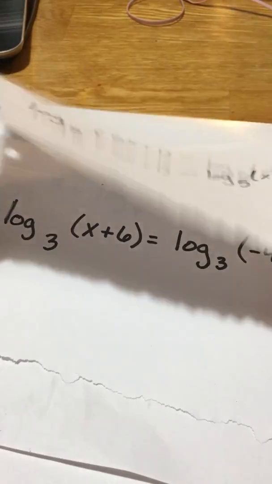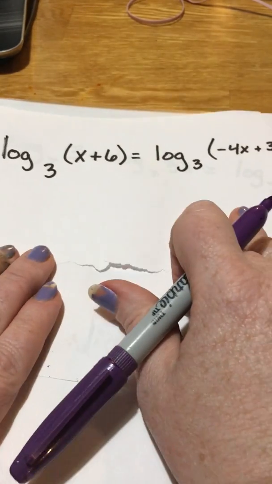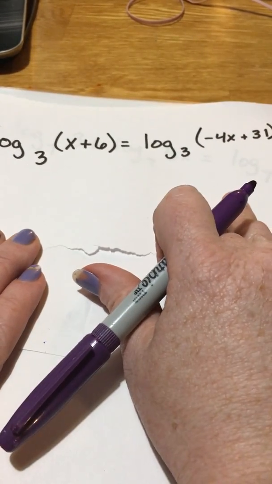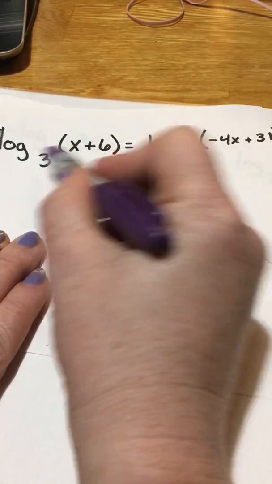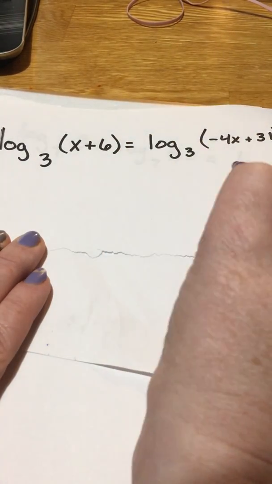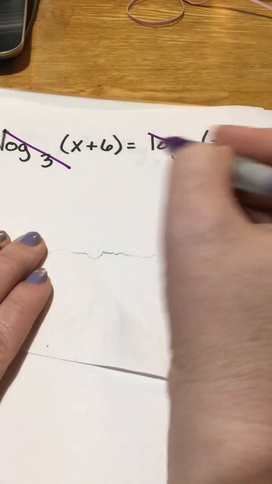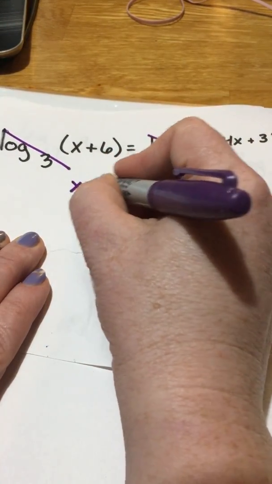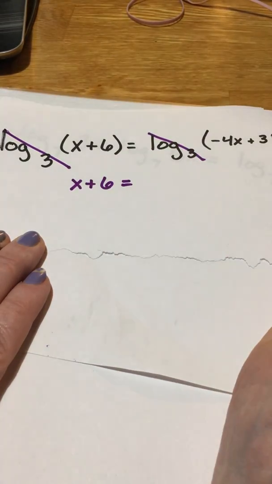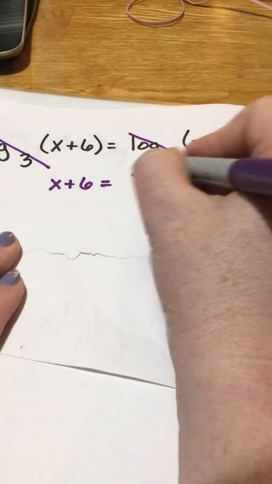Now, I'm going to be going a little out of order here. Let's go with this one first. If I have the same base log on both sides, equals log 3, once I have it down to 1 log on each side and it's the same base, I can what I call delog it. Then you're left with an algebra problem. x plus 6 equals negative 4x plus 31.